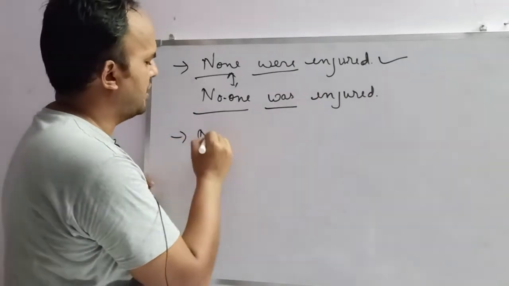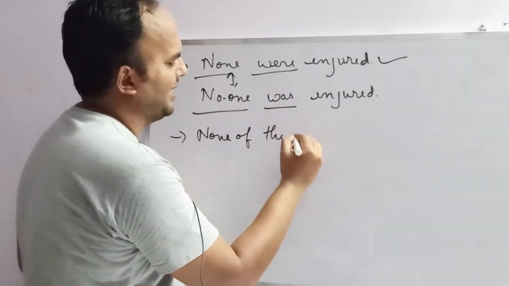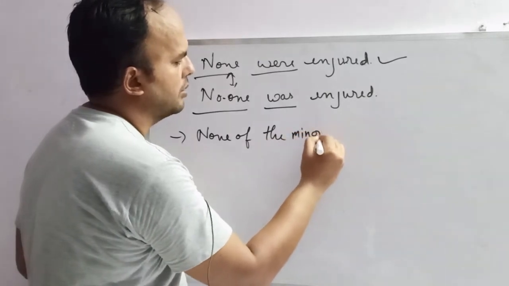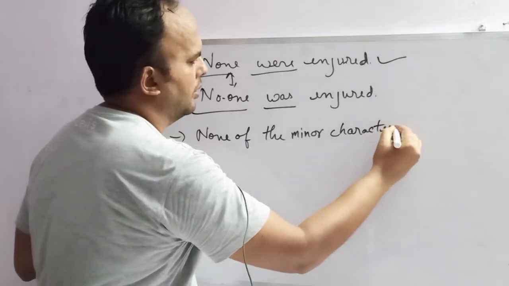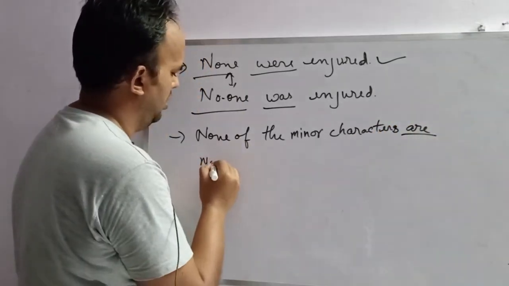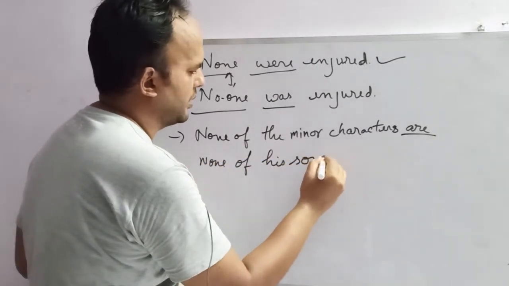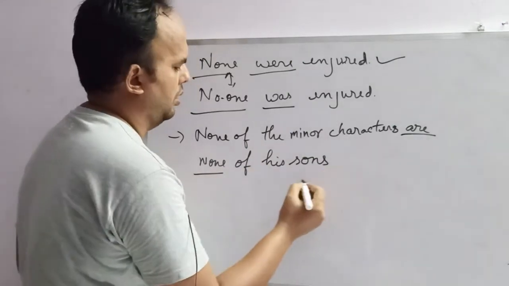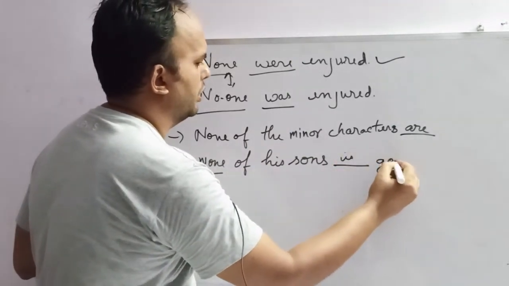One more example: none of the minor characters are. None of his sons, meaning no one, is good.